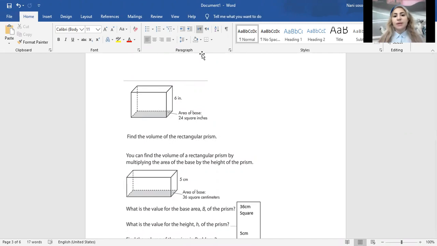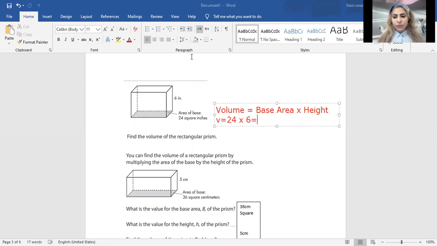Base area multiply height. This is the rule: volume equals base area multiply height. So volume equals what? What is your base area? 24. What is the height? 6. So you will write 24 multiply 6.